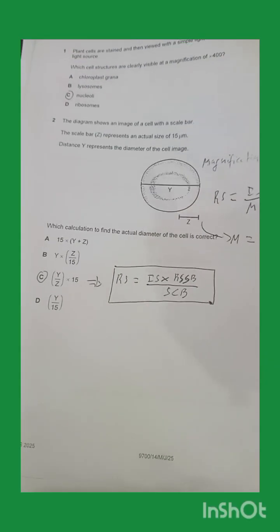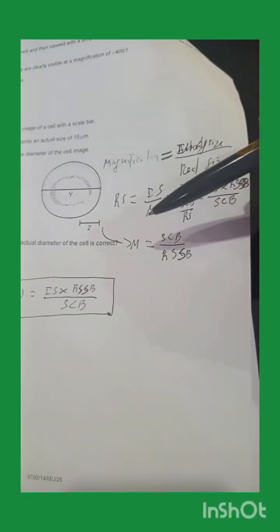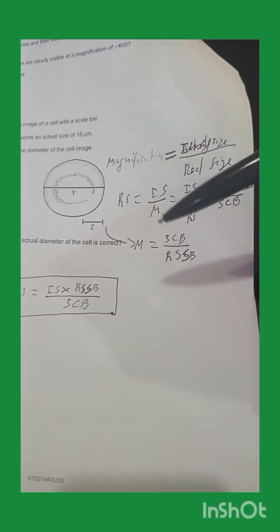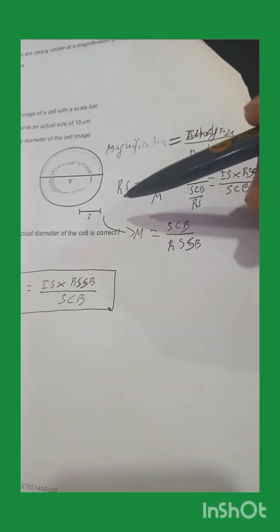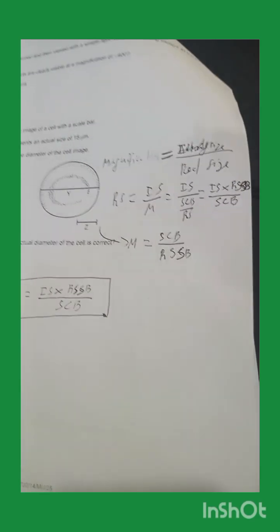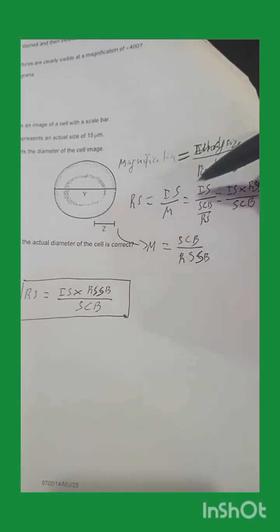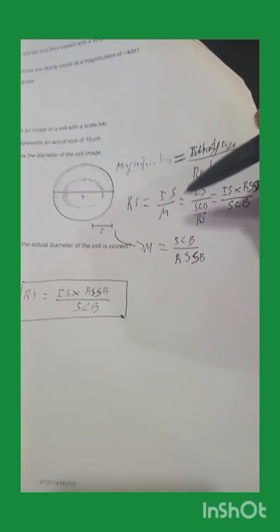The standard formula here is real size is equal to image size over magnification. Real size is actual size. So if you already know this formula, real size, image size over magnification, you just proceed.